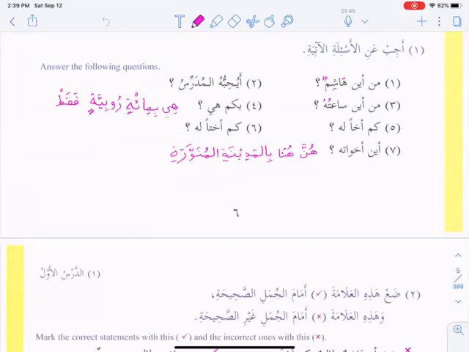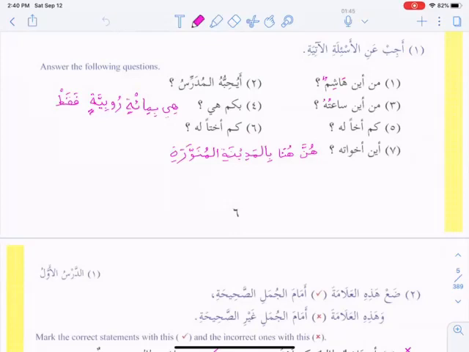When inna joins Jumla Ismiya, it changes the mubtada. It is no longer mubtada. It becomes ismu inna. And whenever you hear the word ism, then there has to be a khabar. So we have to identify ismu inna and khabar inna.